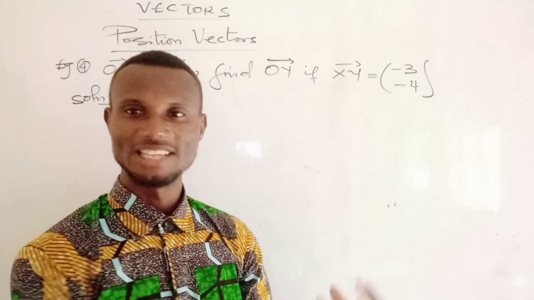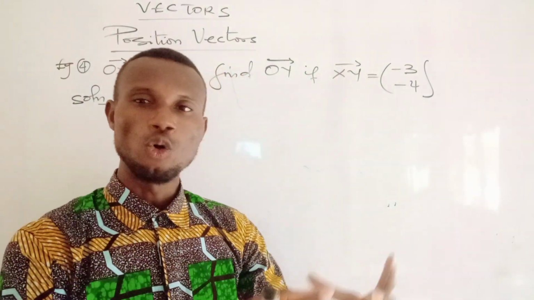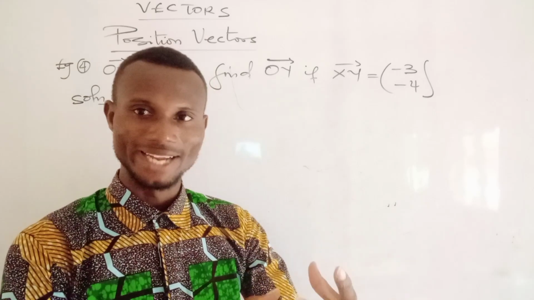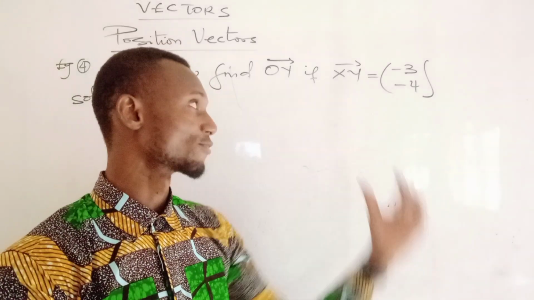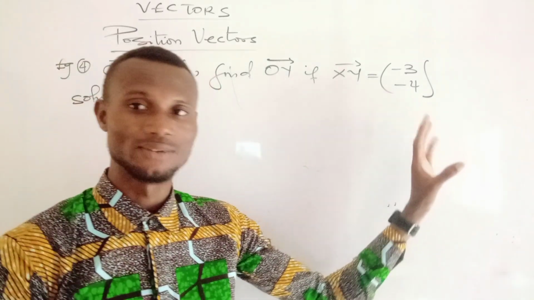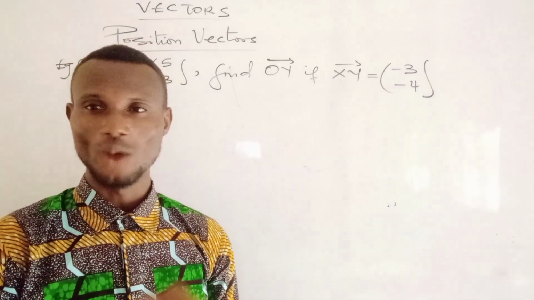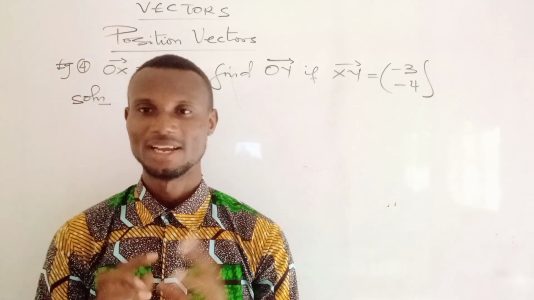Why? Because the vector SY is a composition of vector OS and OY. So we are going to make use of this vector SY to get our OY that we need. I hope the explanation is clear enough up to this point.